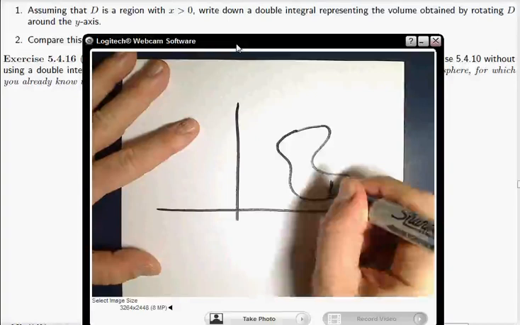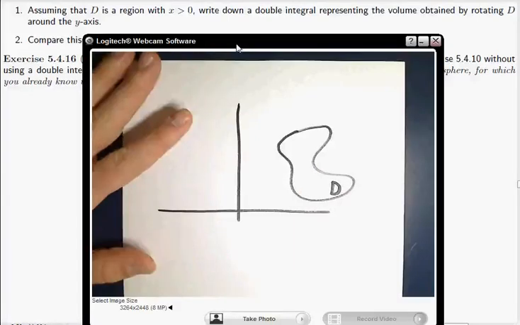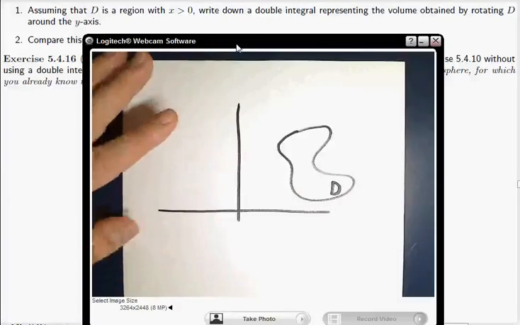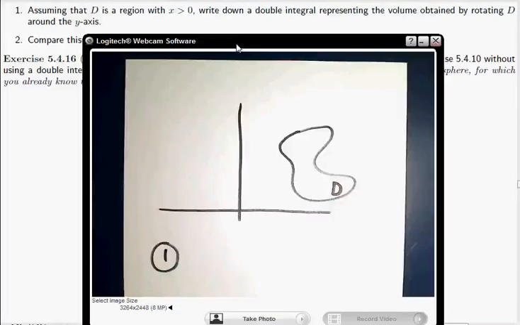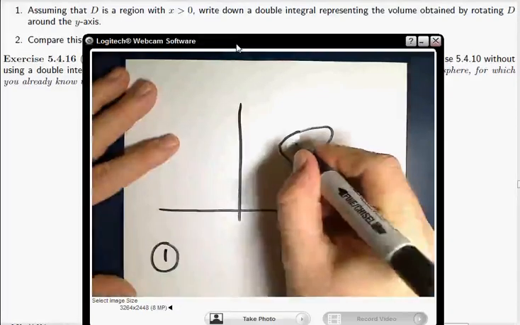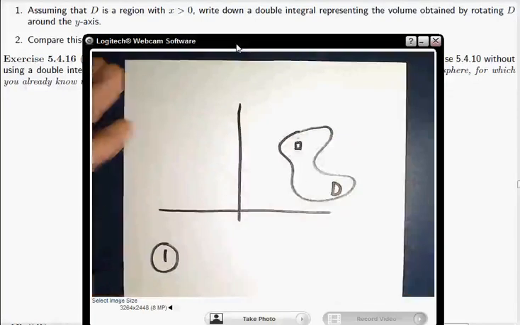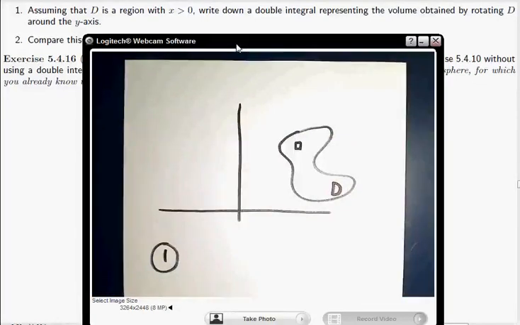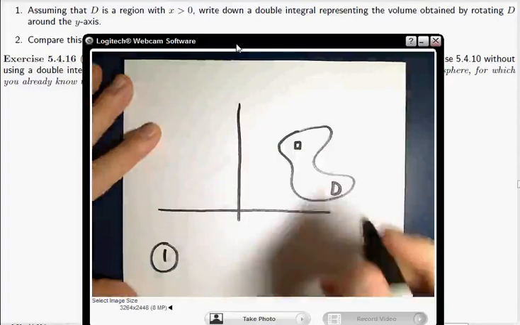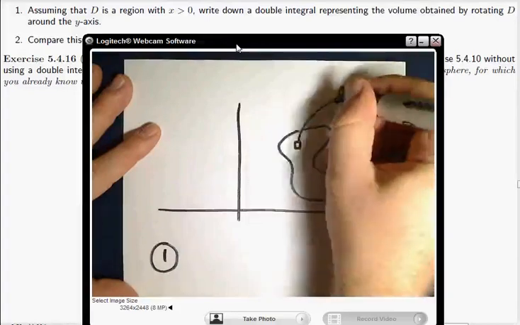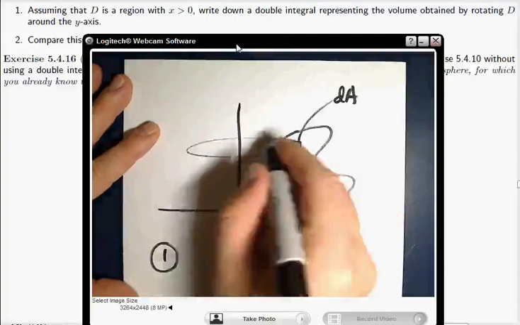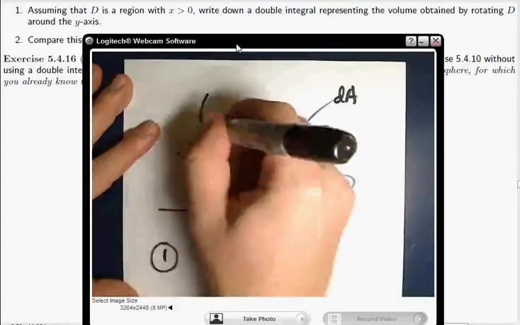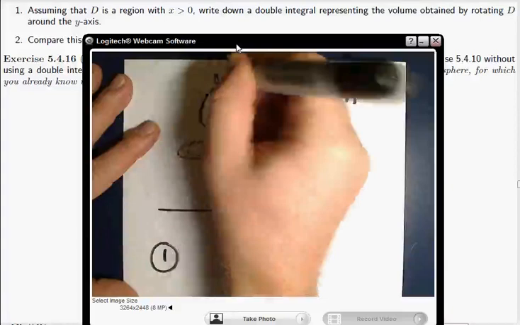Call that D. First, write down a double integral that represents the volume that you get when you rotate this around the y-axis. The earlier problems in this section kind of built up to this. We're going to look at little pieces of area, dA, and each one of those rotates around to make a little piece of volume that we'll call dV.